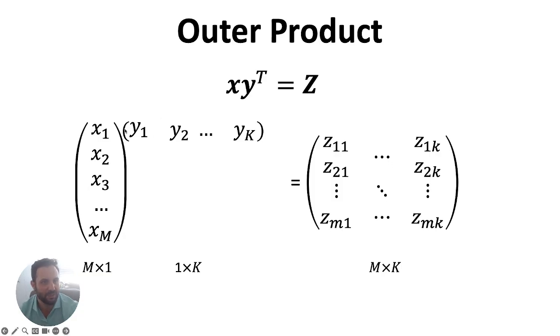Similarly, you can see that the rows of the resulting matrix are this row vector scaled with each and every one of the scalars of the first matrix, the first column vector. And therefore, we will have rows that are going to look like each other, except they are scaled with a different scalar.